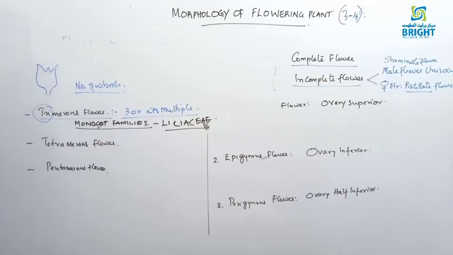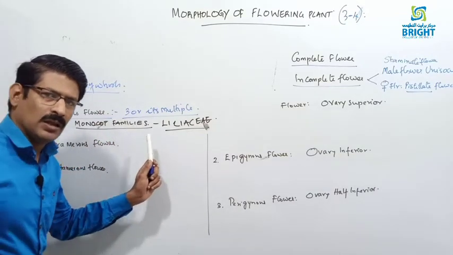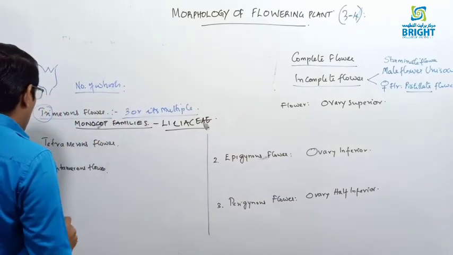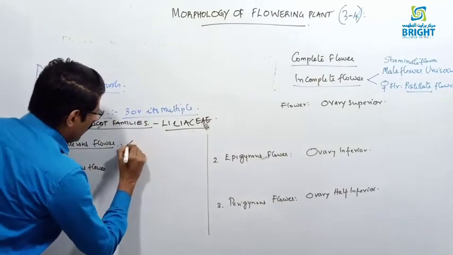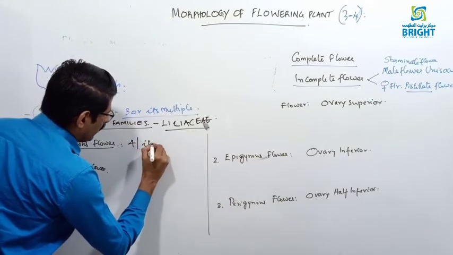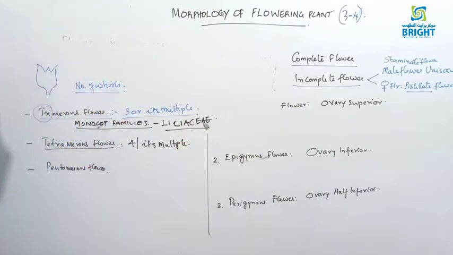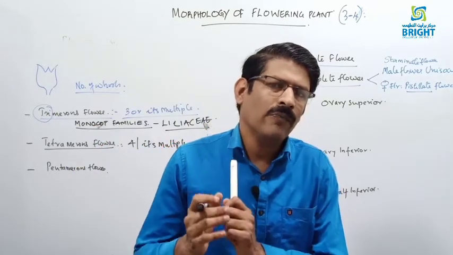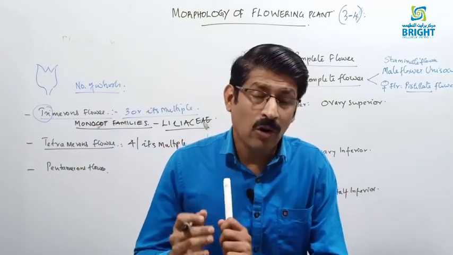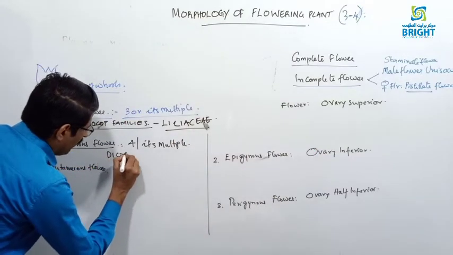Liliaceae is an example for trimerous flower because the floral appendages are in a number of 3 or its multiple. And in a tetramerous flower, floral appendages are in a number of 4 or its multiple. That is, the number of calyx, corolla and androecium parts are in a number of 3 or 4 or its multiple, and it is a characteristic of dicot families.